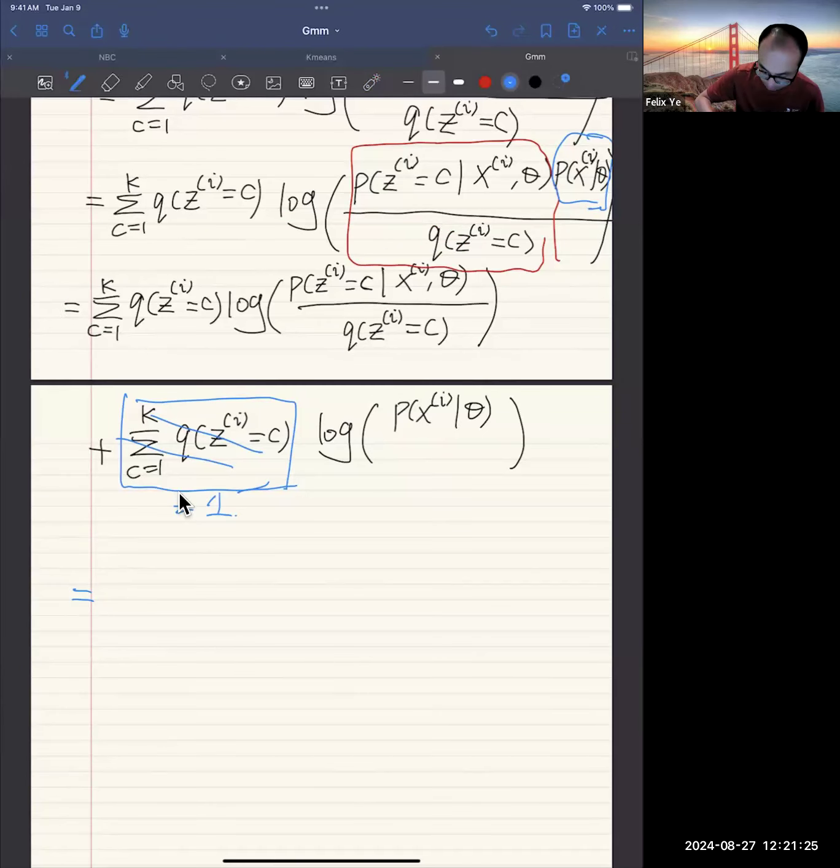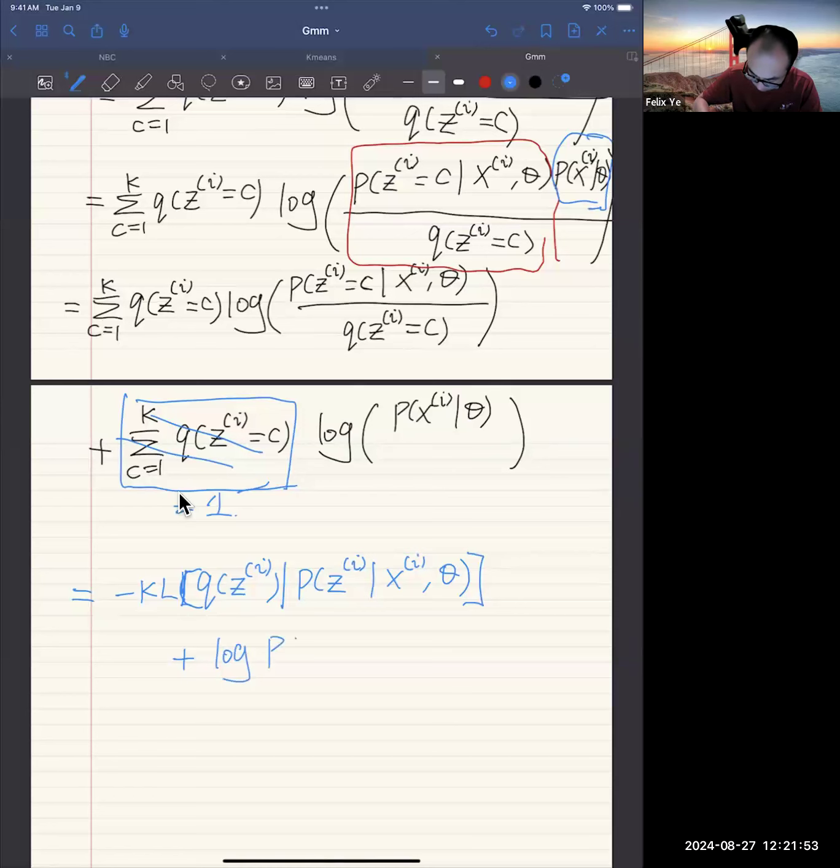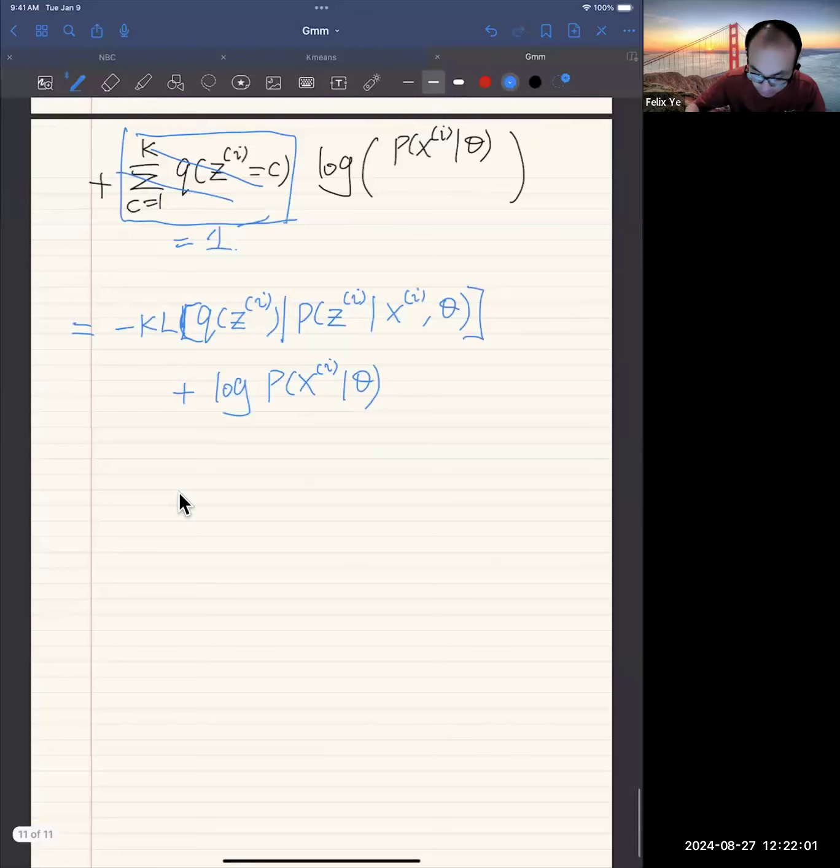It's called KL divergence: KL of q(z_i) given p of z_i given x_i and theta, plus the logarithm of p of x_i given theta. So what does the KL divergence mean?